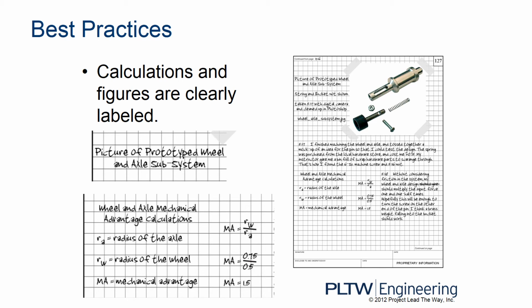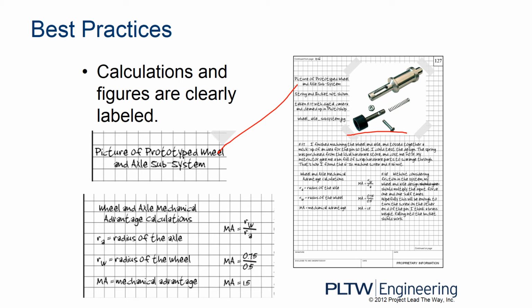All right. Calculations and figures are clearly labeled. So I have a picture here. Okay. It is clearly labeled as a picture of a prototyped wheel and axle subsystem. So figures are clearly labeled. All right. This is what this is.